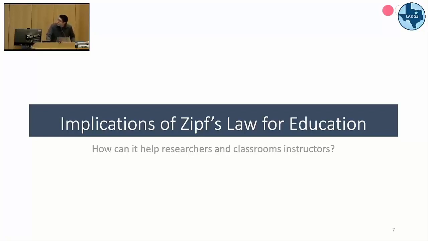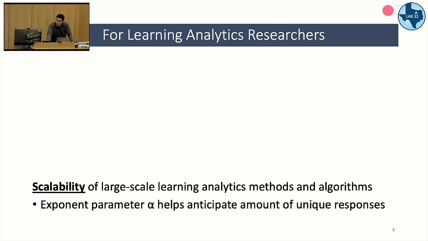Okay, so let's start with the implications. How can these Zipfian patterns help researchers and classroom instructors? The student Zipf pattern has an immediate implication for the scalability of analytics methods and algorithms. For instance, it's a necessary condition if you're trying to schedule human efforts for analytics, and that was the example that we saw in code.org.